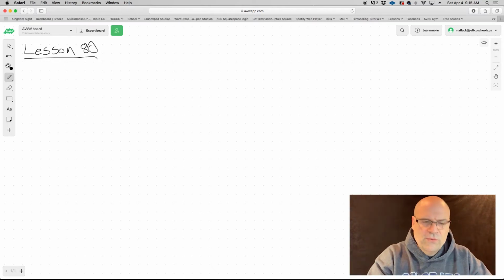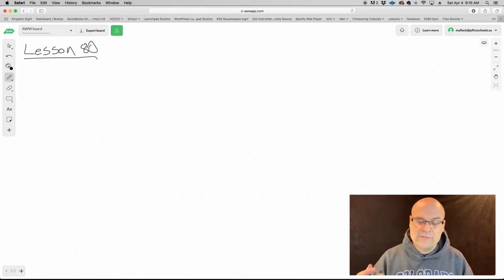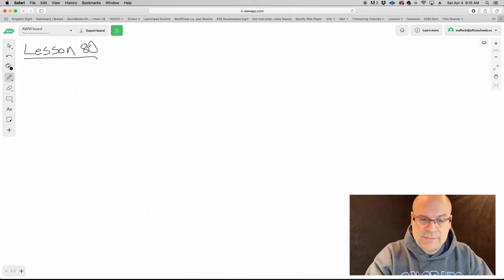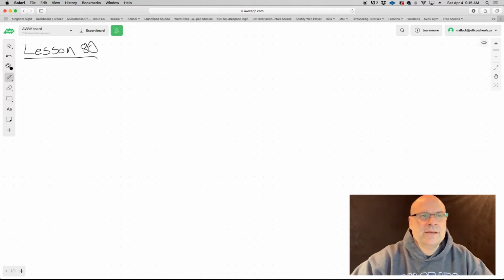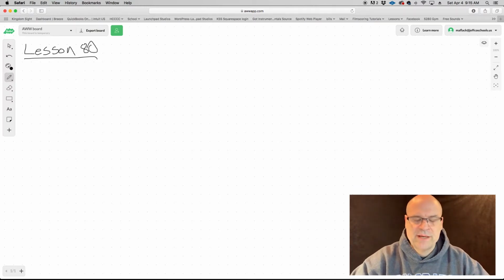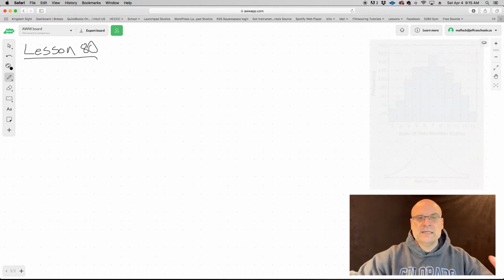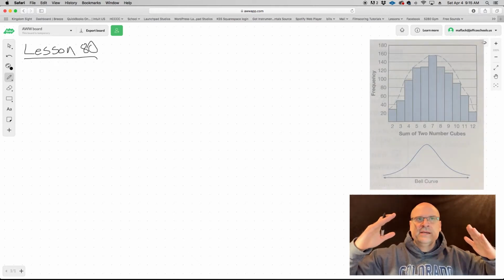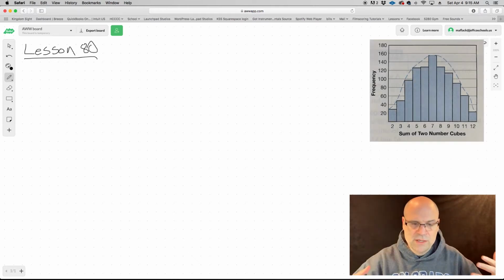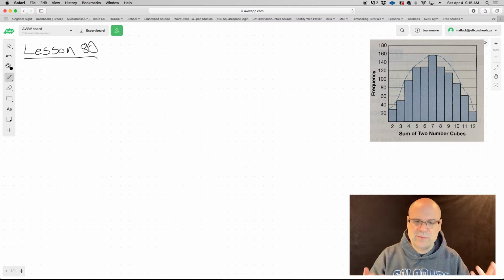Okay, so if we have a histogram or a graph of our statistics, for example, in the book, it talks about if you roll a pair of dice, how many times you get a sum of 2, how many times you get a sum of 3, all the way up to a sum of 12. The histogram looks like a little tower where you get more occurrences of a sum of 7 or 8.